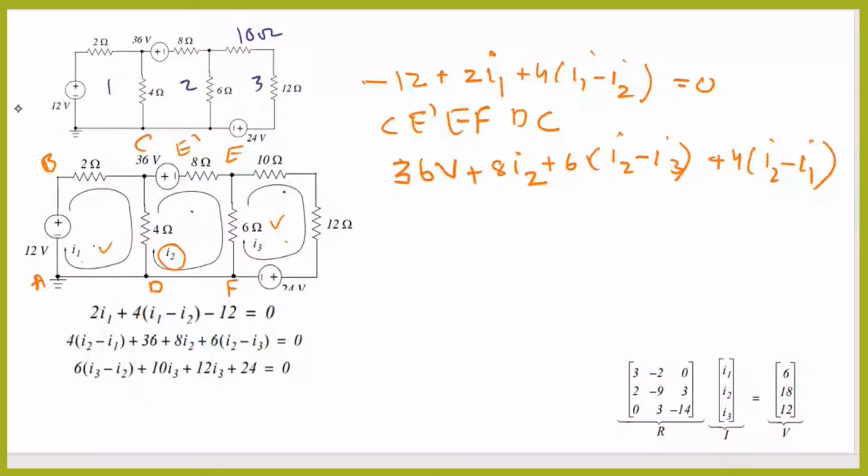suppose you are traveling from E to G, G to G dash, and G dash to F dash.